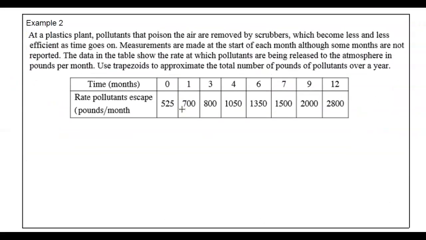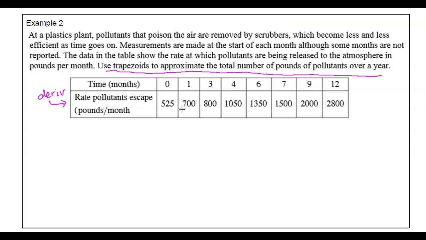Let's look at example 2. We'll do more of these in section 7.3, but they're going to give us an application. And notice this is the rate of pollutants escaped. So remember, that really is like a derivative. Time is my x values in months, and they give us some values. At a plastic plant, blah, blah, blah. Use trapezoids to approximate the total number of pounds.